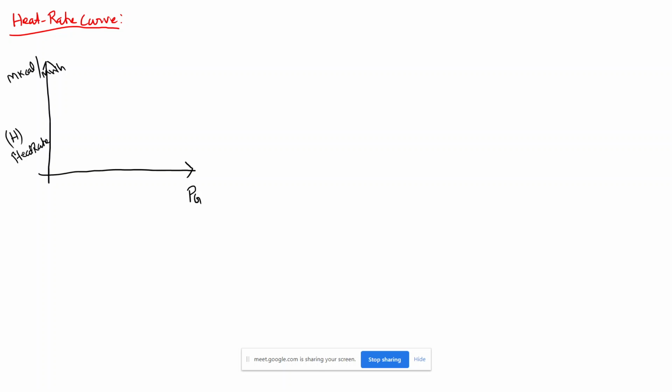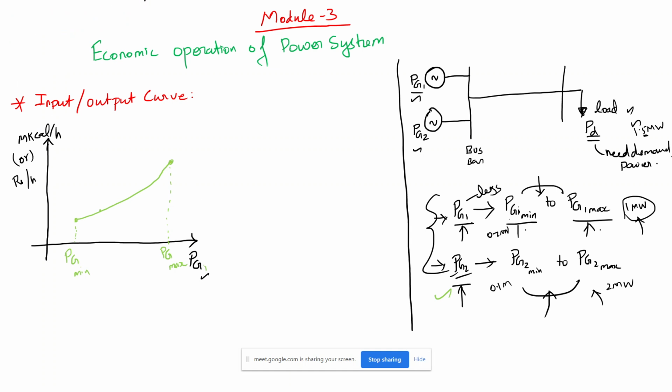Here, how much heat we are producing, and if I am speaking about economic operation, I am only speaking about the thermal power plant. I am not going to speak about nuclear or hydro, because those are base power plants, or in hydro it is different. We are not spending anything in hydro because the water is available in nature.